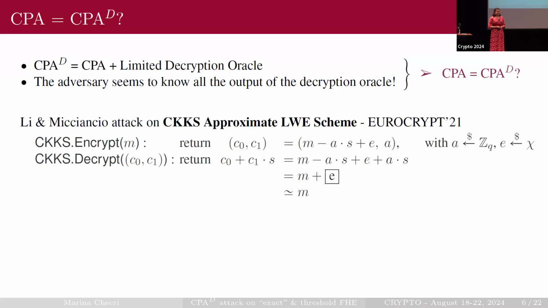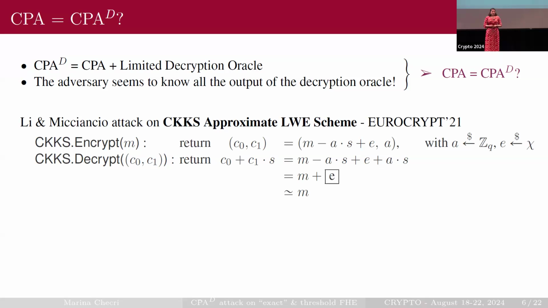Well, indeed, in 2021, Li and Micciancio proved that this intuition was erroneous for the CKKS approximate scheme. Just a word, in CKKS, a message M is encrypted by computing M minus AS plus E, and the decryption is achieved by removing the AS term, returning M plus E. But look, the decryption does not return exactly M. And in fact, it leaks the error supposed to ensure the scheme's security.